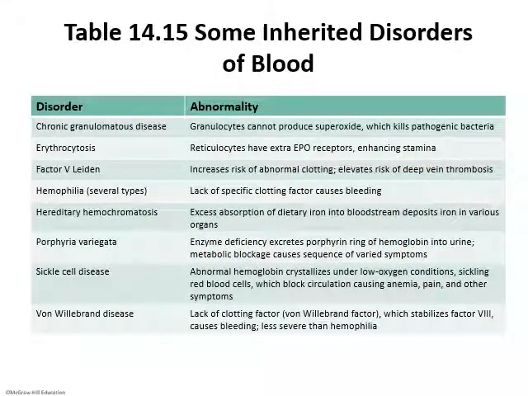Okay, so as far as inherited blood disorders, the only one you really need to know about besides sickle cell that we talked about before is hemophilia, and this is when the patient is missing one or more of their clotting factors. This is typically only going to affect men.